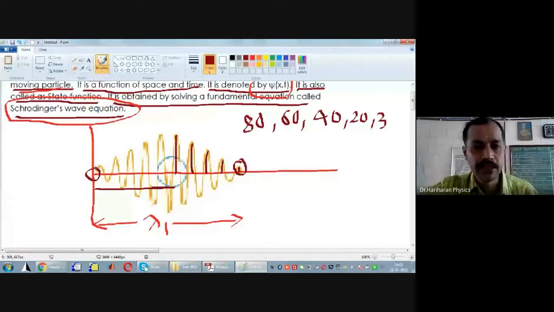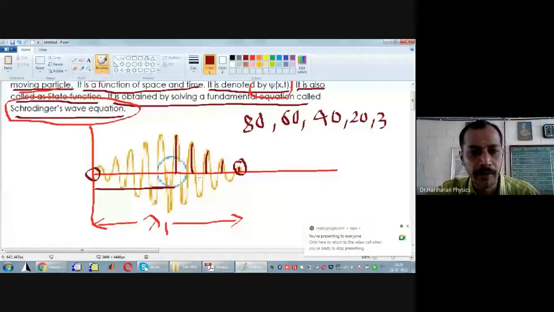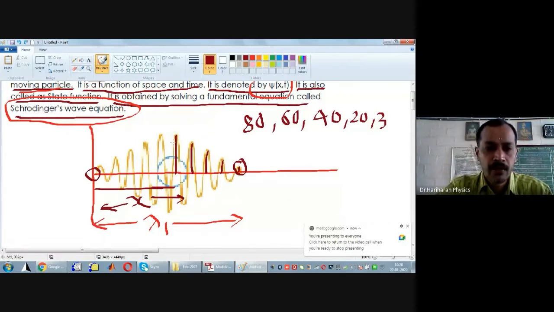Is this clear? Now, what is Max Born's interpretation of the wave function? If I choose an arbitrary point x, find the height of the wave function there and square it, that will give you the probability of finding the particle. Got my point?